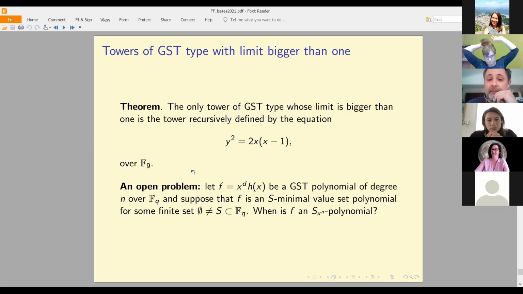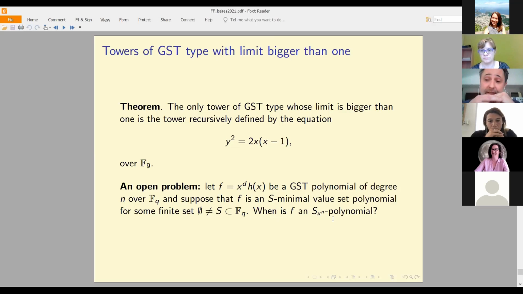So if you have a polynomial with all the conditions asked by Garcia, Stichtenoth, and Thomas, and it is a minimal value set polynomial, when is this an S-n x to the n polynomial? That is, when does it have this property of absorbing all the roots in the set of Garcia, Stichtenoth, and Thomas? We couldn't answer any interesting question, so it was left like this, and I still don't know what to say in the opposite direction.